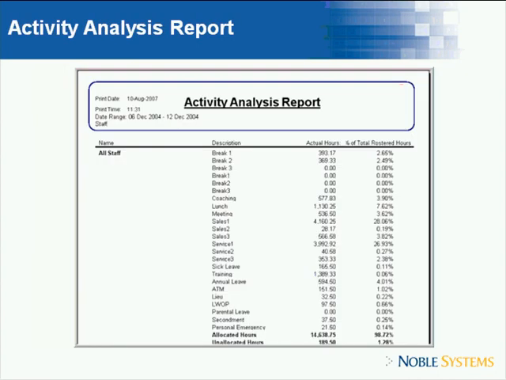Another sample report that you're seeing here is what we call the activity analysis report. This allows us to run a report to see how our time is being spent across the week. So you'll see in the date range here, this was run for just 1 week, and you can see how all of our hours are being allocated to the different activities throughout the week.